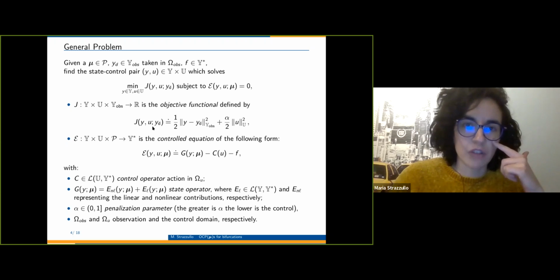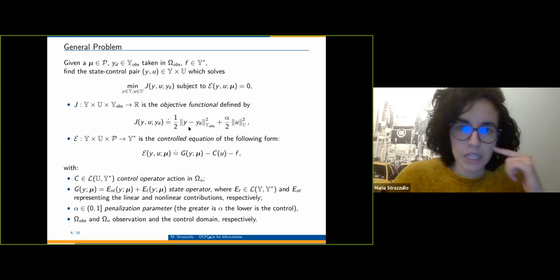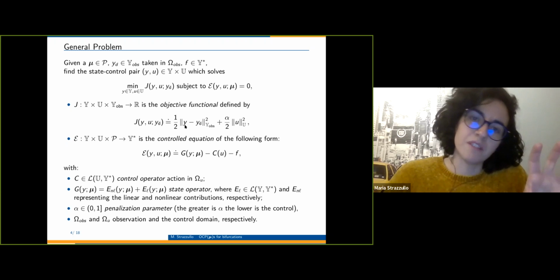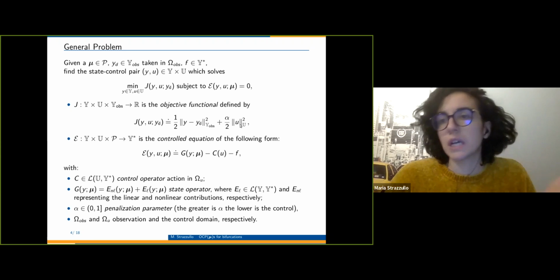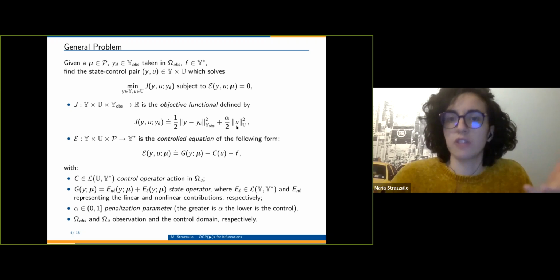The functional is usually of this form: optimal control minimizes the distance between the solution and the data, penalized with respect to the control magnitude in L2 norm.